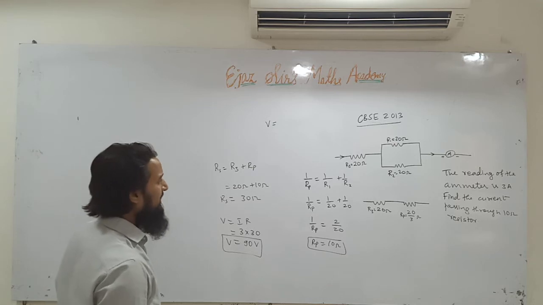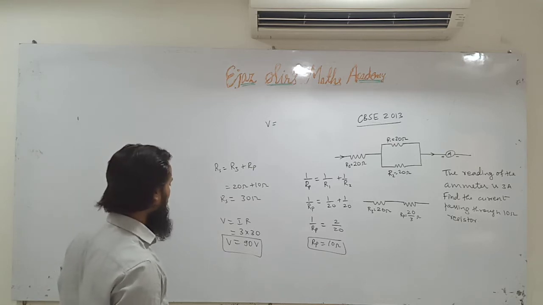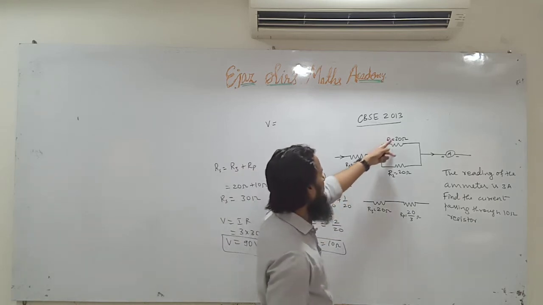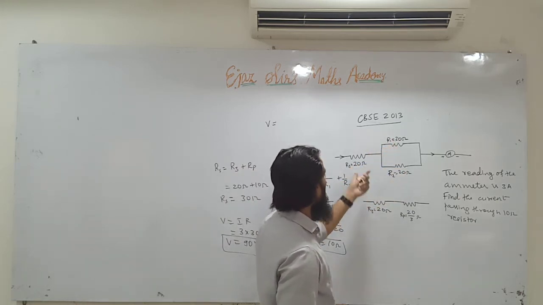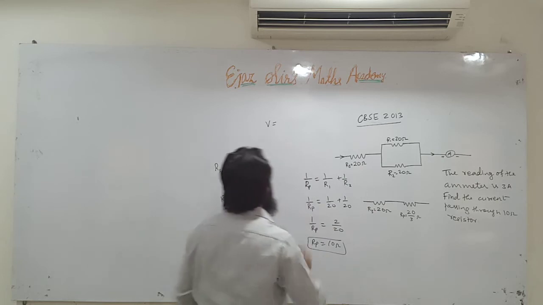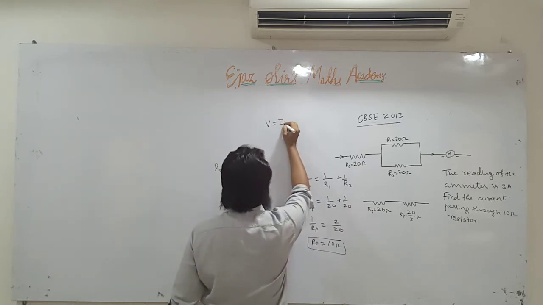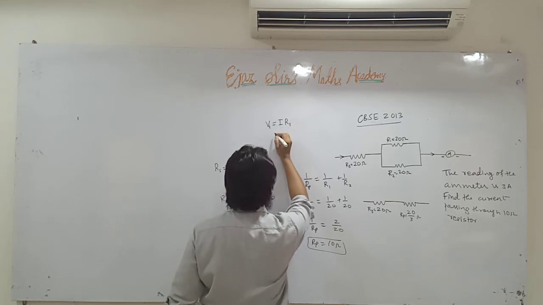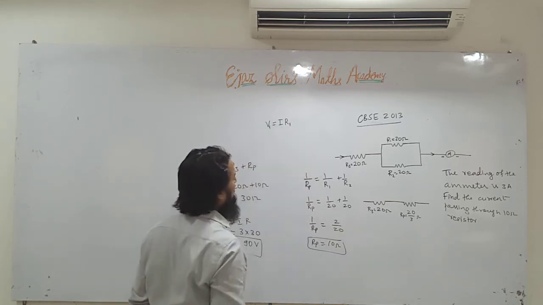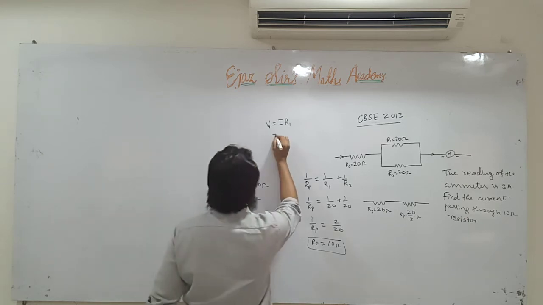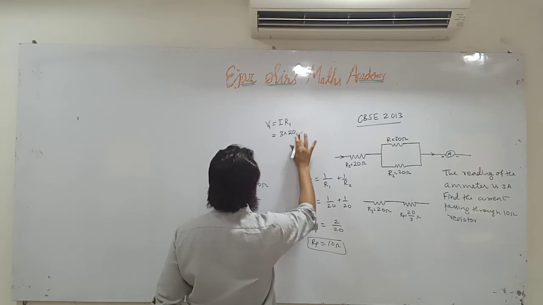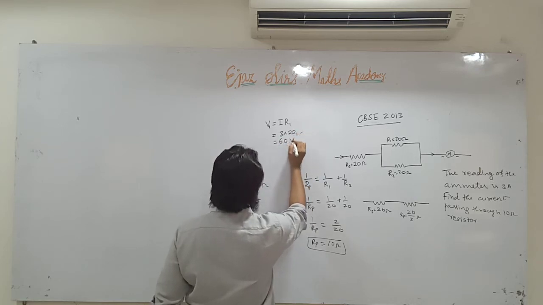And out of this 90 volt, we have to find how much voltage will be spent here and how much voltage will be spent here. So here V1 is equal to I into R1. How much is the current? 3 ampere and resistance is 20 ohms, and that gives us 60 volt.